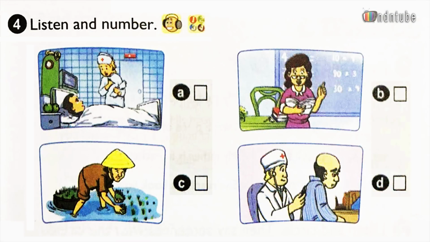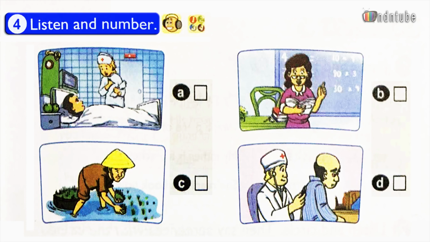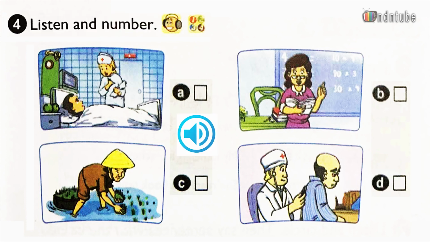Page 15. Activity 4. Listen and number. Can you talk about your parents' jobs and where they work? Yes. OK. My father is a farmer. He works in a field. How about your mother? She's a nurse.